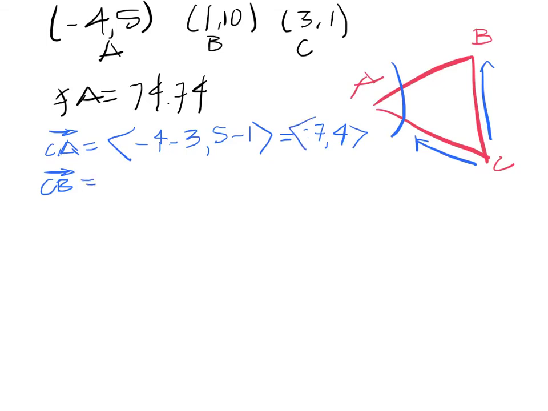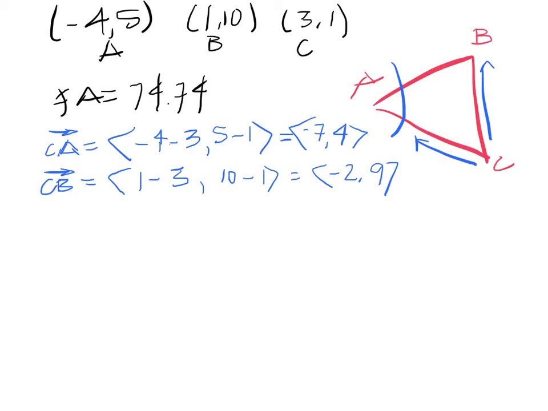I'm starting at C, aiming at B, so I take 1 minus 3, because I'm ending at B, and then 10 minus 1. CB is (-2, 9).